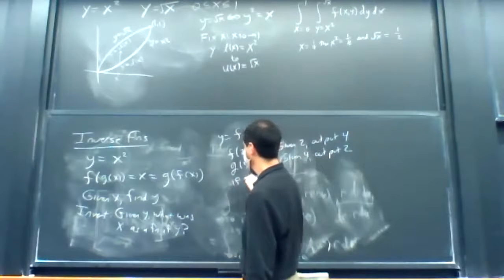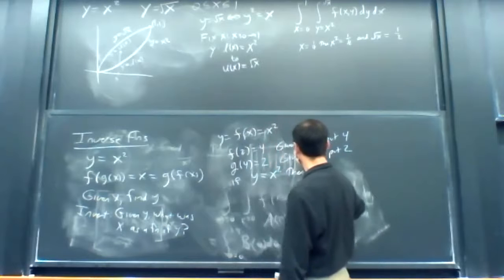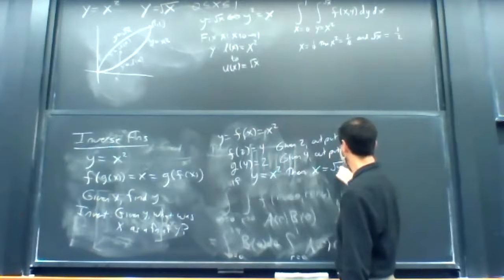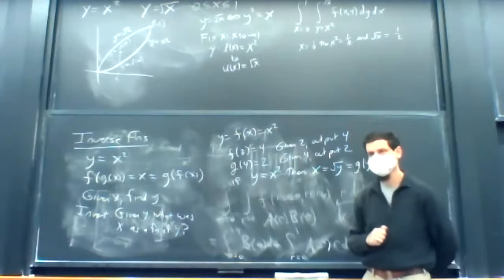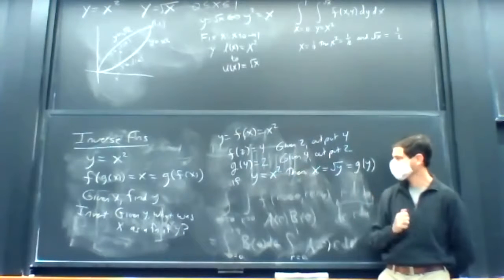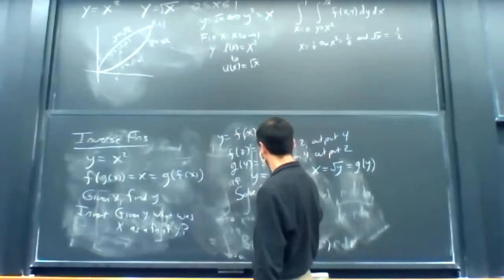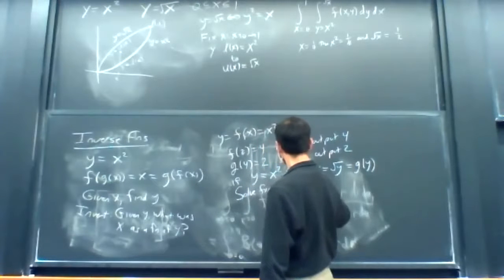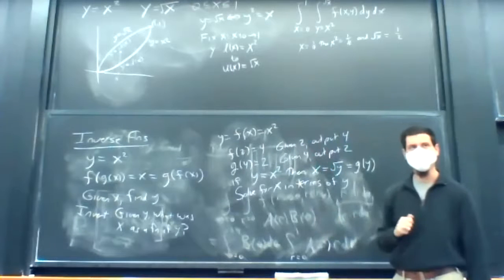So if y equals x squared, then x equals the square root of y. And so that would be my function g of y. So I just solved for x in terms of y.